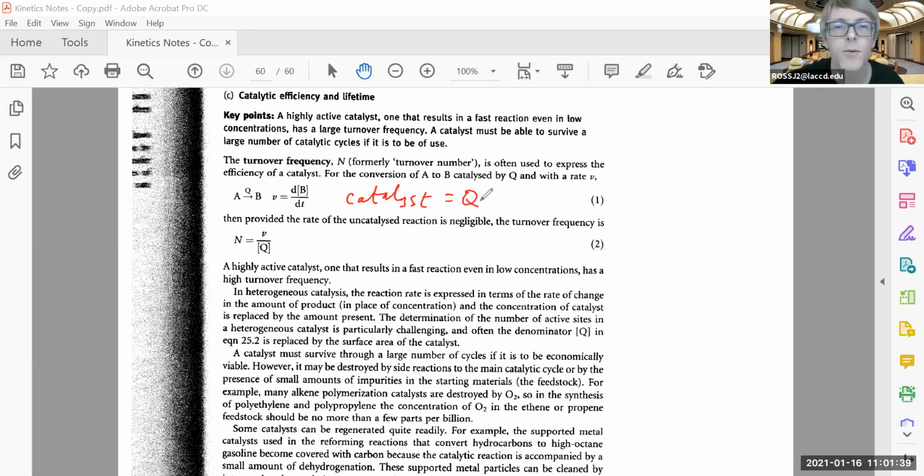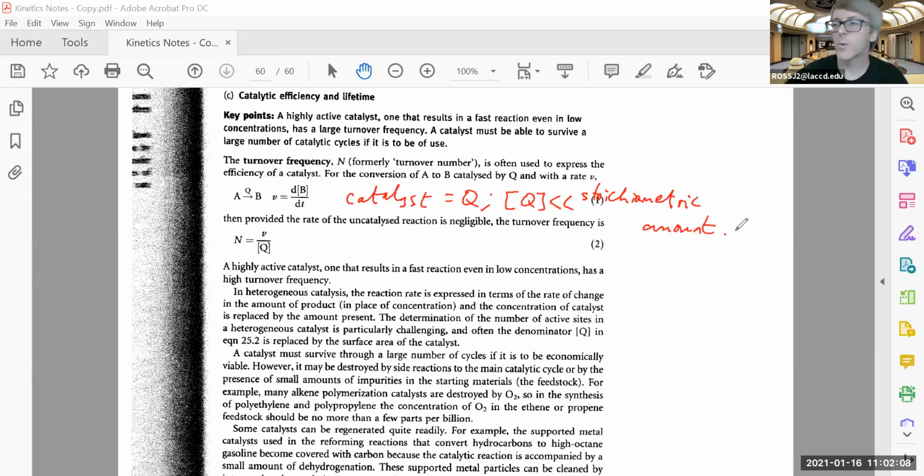Who knows? But I never wrote this. So let's say the catalyst is Q, and the concentration of the catalyst we want to be a lot less than a stoichiometric amount. We don't want mole ratios of catalyst. We want a tiny fraction of a catalyst. We want a catalyst to be very hardworking.